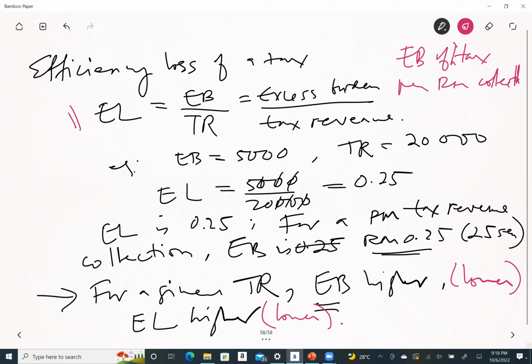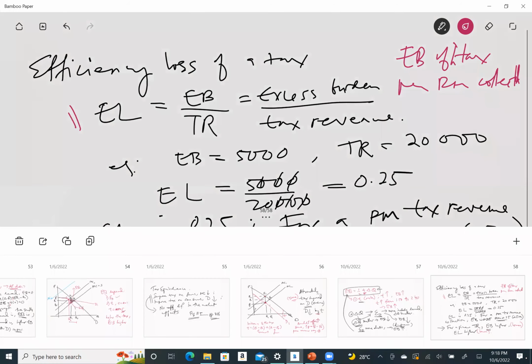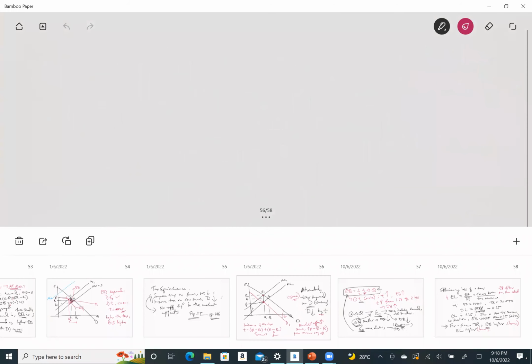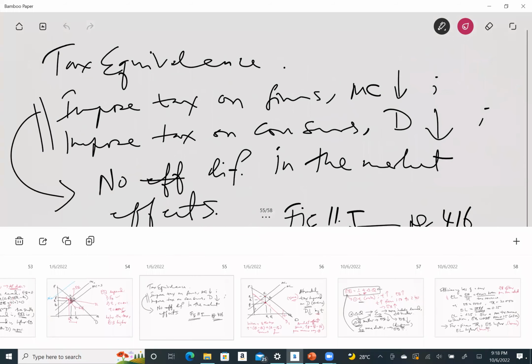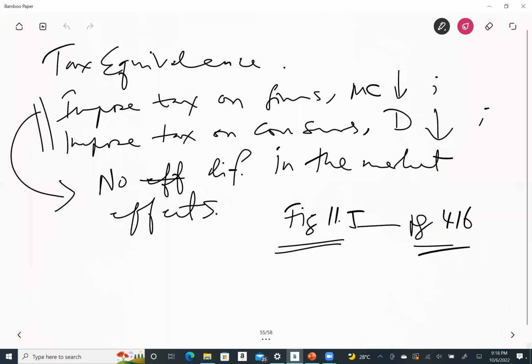Now next is the forward shifting and backward shifting. So that comes from the tax equivalence. If you recall, what is tax equivalence? Tax equivalence means if the government imposes the tax either on the firm or on the consumers, there is no difference in the effect on the market.